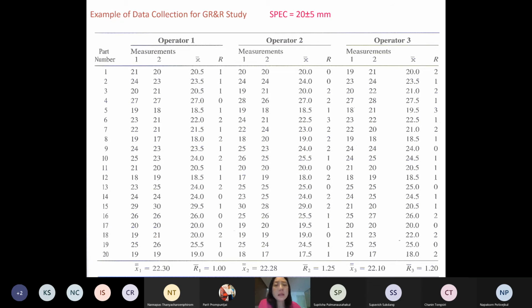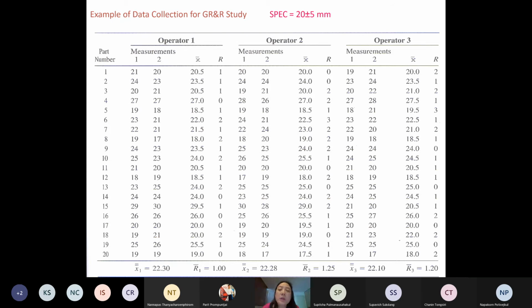We will calculate in a different way, and you will see how we quantify the reproducibility and repeatability of the measurement system of variable data. We will not count the number of parts that passed reproducibility compared with the total number of parts anymore. We will do another approach. I will tell you in the next class.